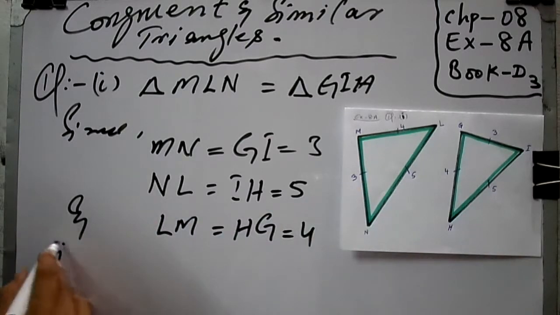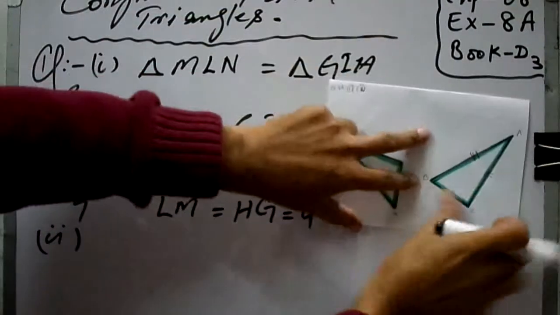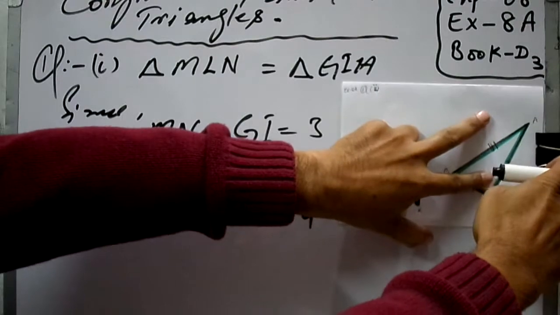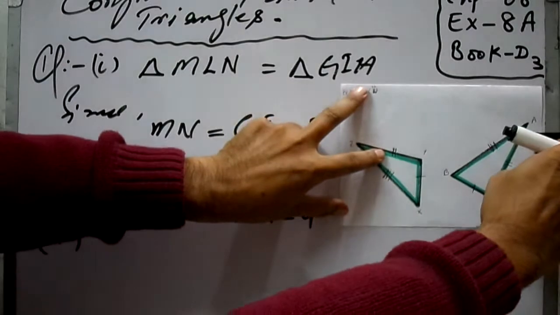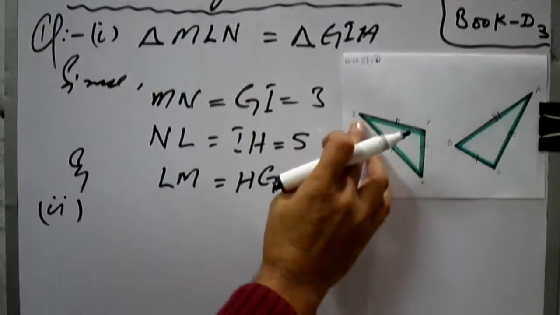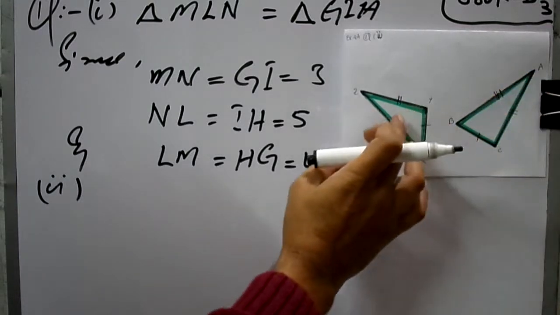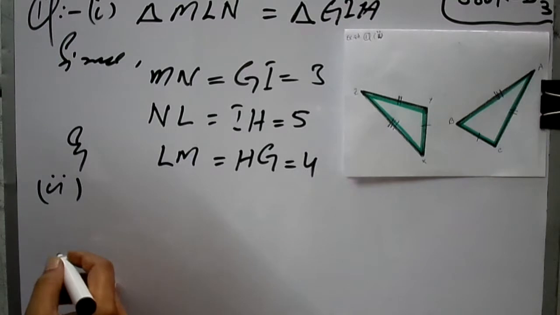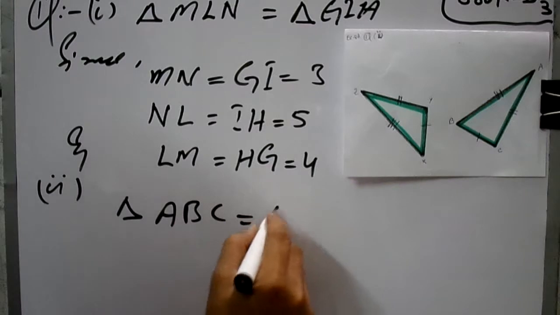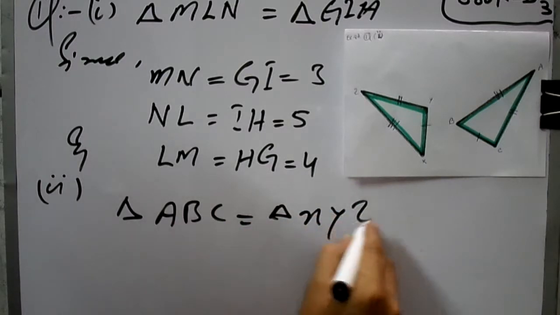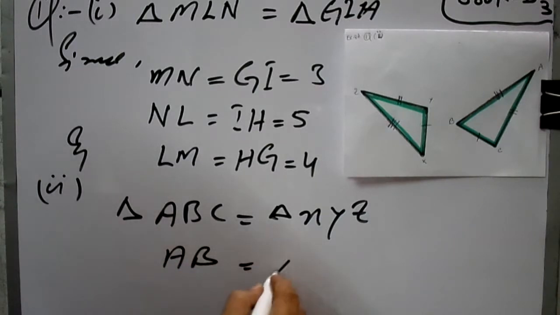Now if we see another part, this triangle is also congruent because these two triangles are congruent. So XYZ is congruent to ABC. So how can we say that triangle ABC is equal to triangle XYZ? It means this side, the AB side, is equal to XZ.